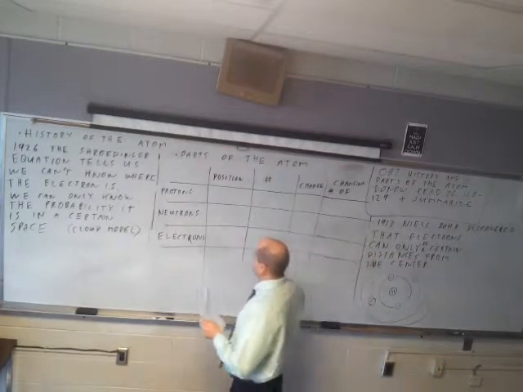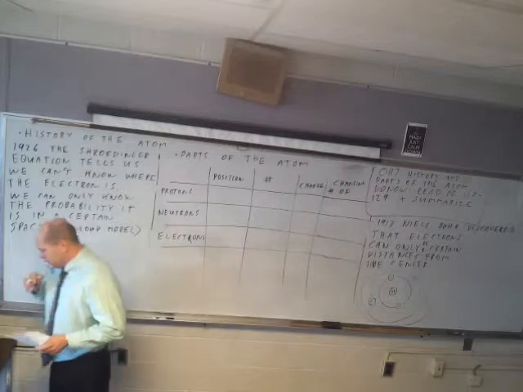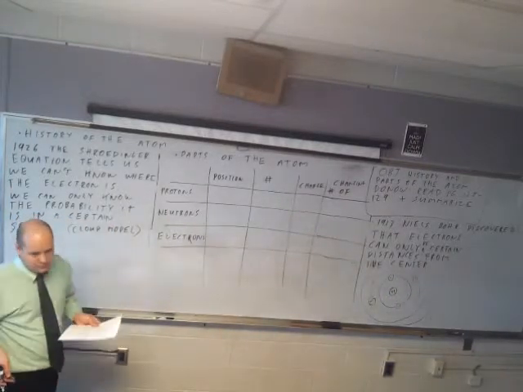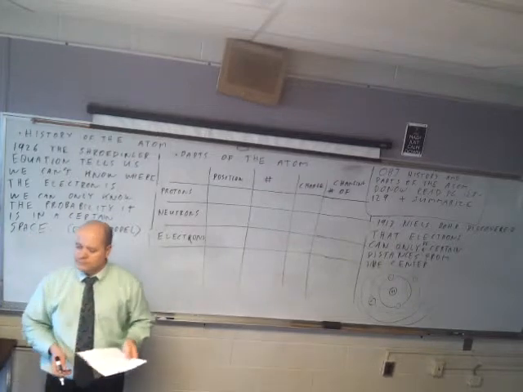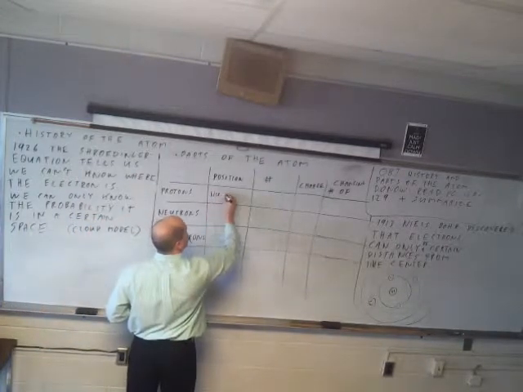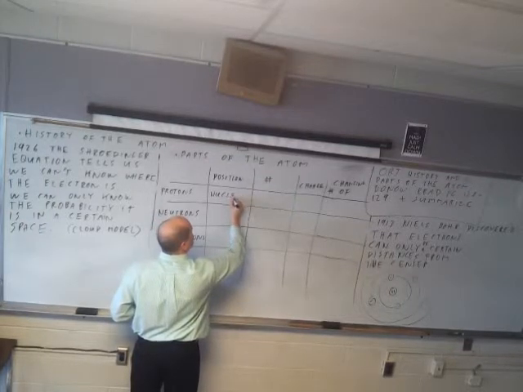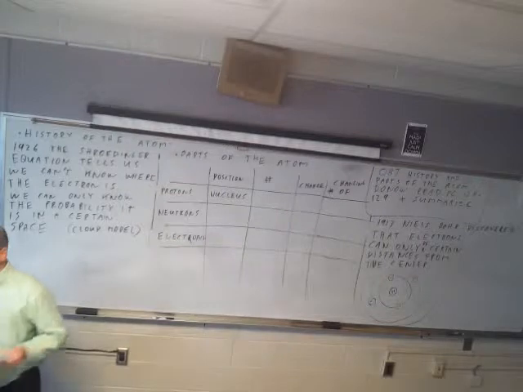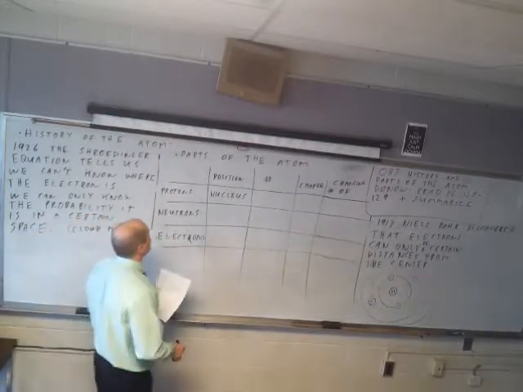All right, so first thing we're going to talk about is where are these things located? Where are the protons? Anybody know? In the middle. We're going to call it the nucleus, but that's all it is, the center of the atom. Basically, anytime you hear nucleus, it just means the center. Same thing with the cell. What about the neutrons?